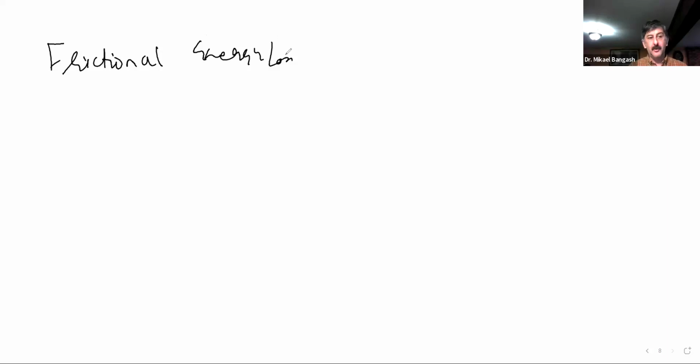It's not really loss, but when we compare the amount of energy that we had at the beginning to the amount of energy that we had at the end, this is always going to be lower compared to where we started, mainly because some energy was lost going from point A to point B. So that other kind of loss is going to be friction loss, mainly because some energy will be lost due to friction.